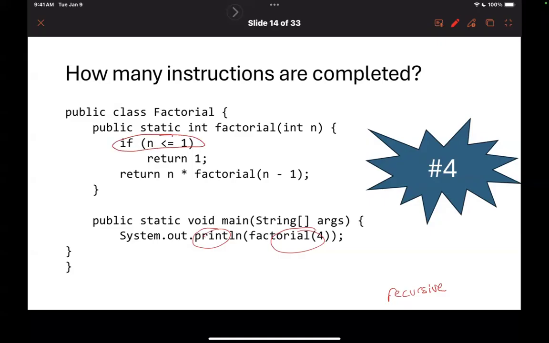So the conditional, that's 1. The return is 1. And then here's where I will accept 2 or 3 or maybe 4 if you want to get super into it. Like the return could be 1, multiplication could be 1, the function call can be 1.